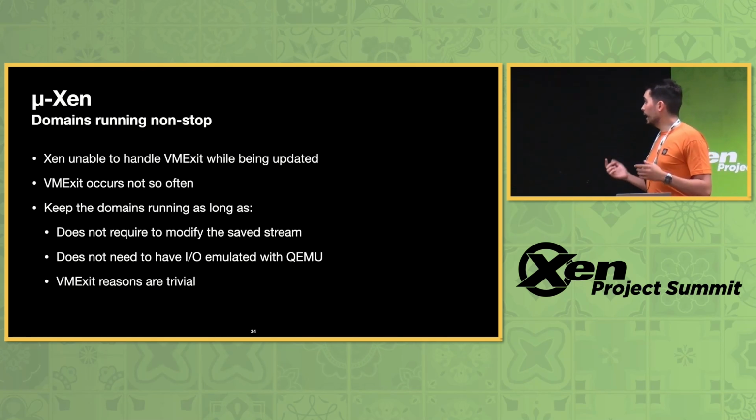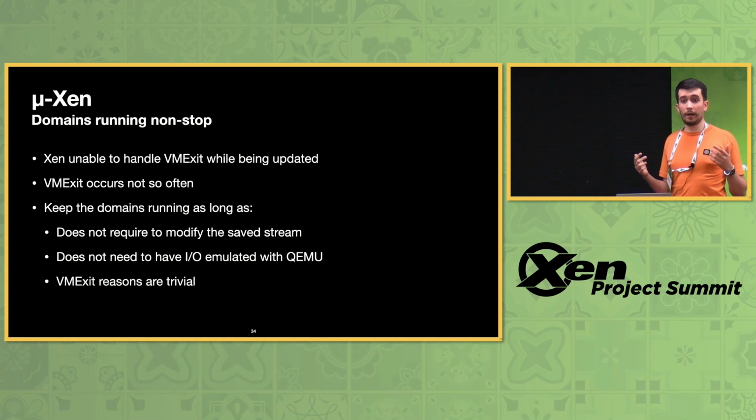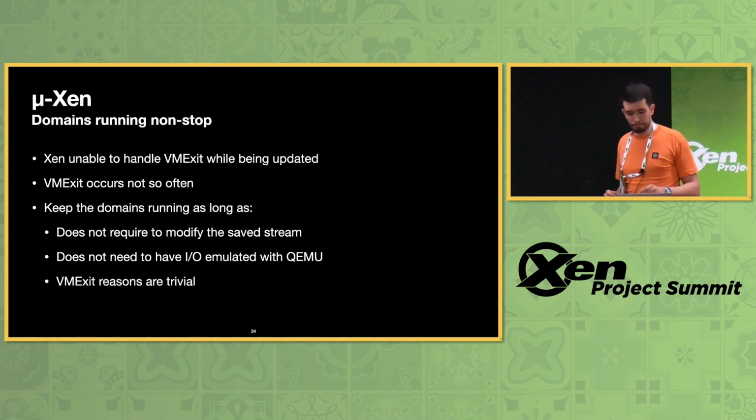And VM exits that are hard to handle don't occur so often. So in theory, we could keep the domains running as long as it doesn't require drastically modifying the stream. We do not need to perform any I/O with QEMU, and the VM exit is trivial enough that we could handle it in microxen.